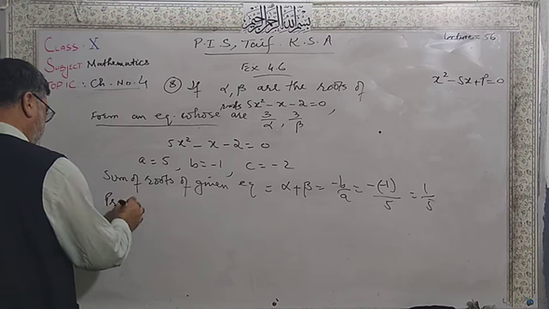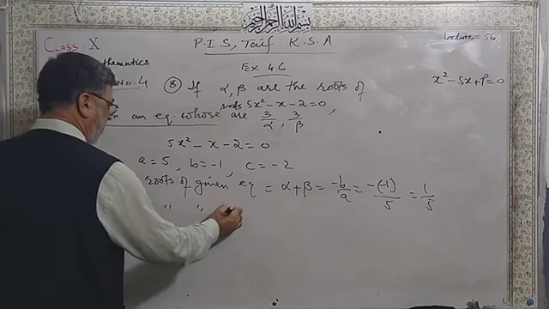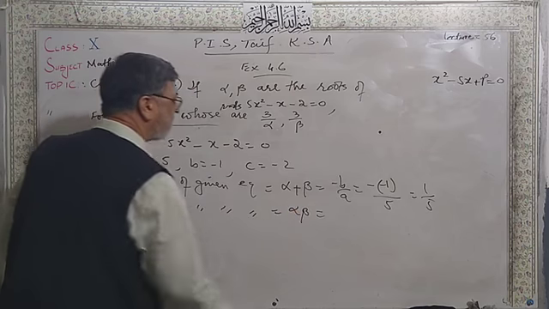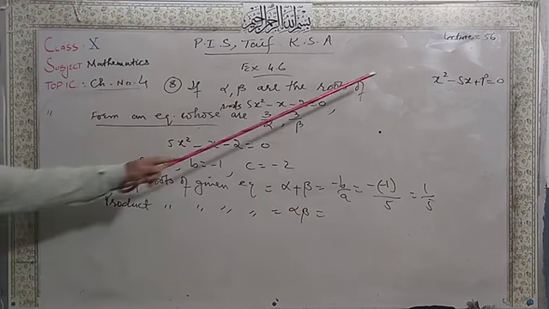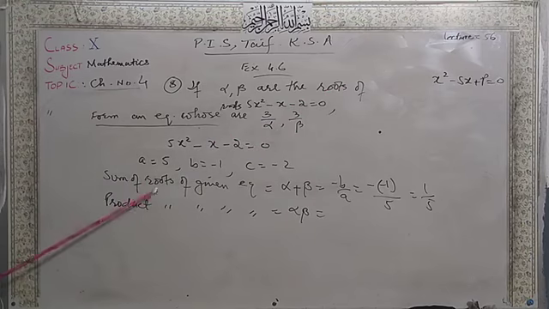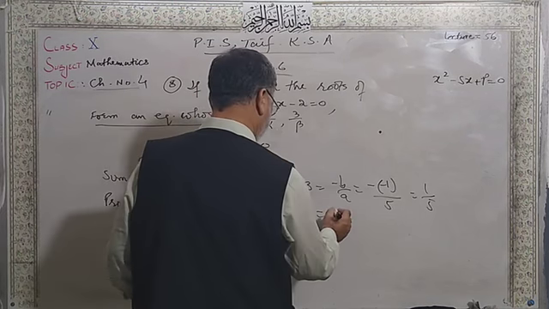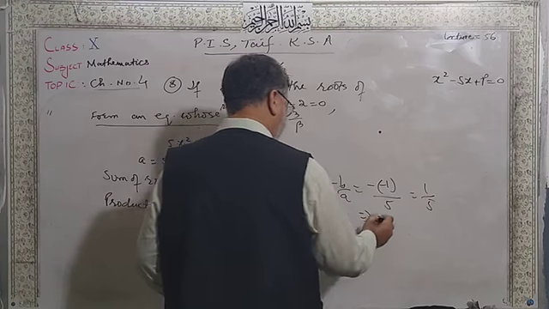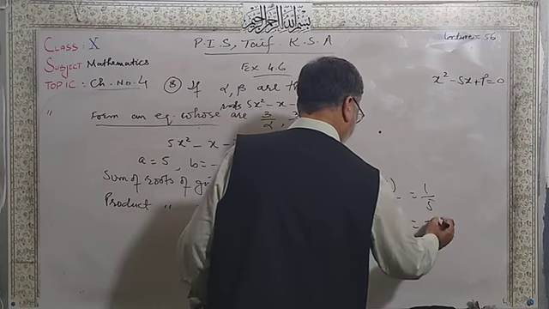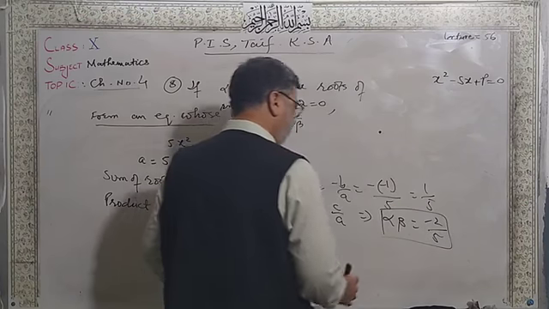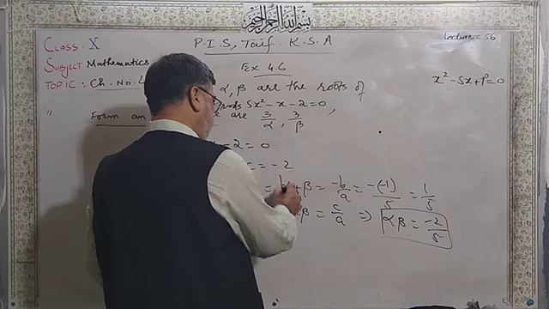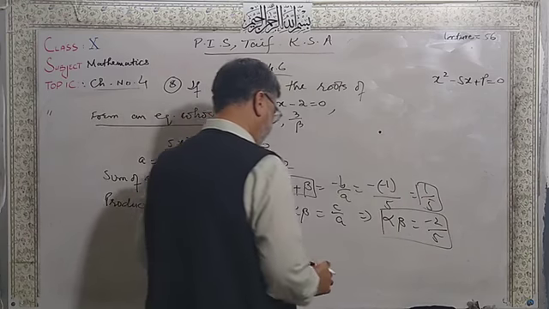After that, product of roots of the given equation, that is alpha beta, is c over a, which implies alpha beta is equal to minus 2 over 5, and alpha plus beta is equal to 1 over 5. Remember that I am not writing sum of roots as S and product of roots as P for the given equation. Actually, I will take S and P for the sum and product of roots of the required equation.